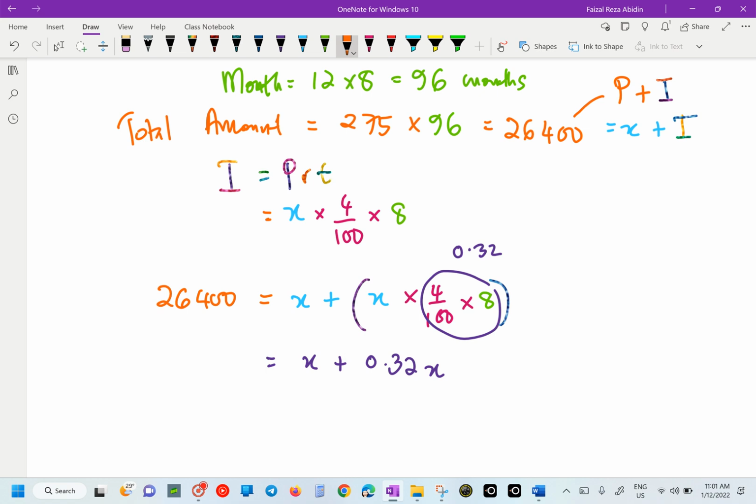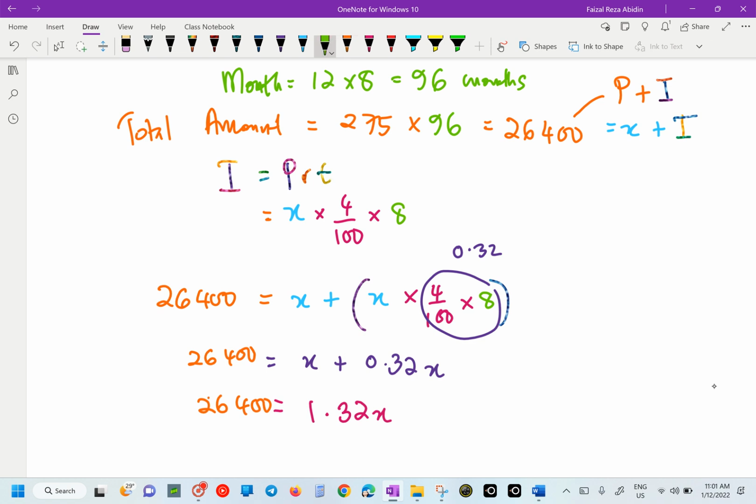In front of X here, what? 1 plus 0.32, that is 1.32X. Why so complicated? So this one equals 26,400, isn't it? So what are you going to find here? Your X. What happened to 1.32?